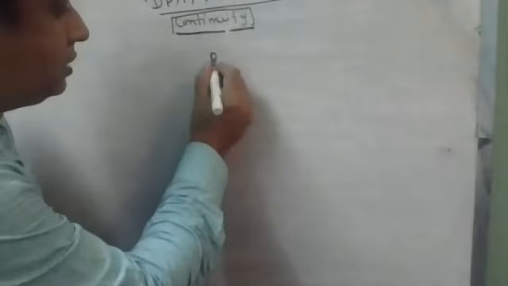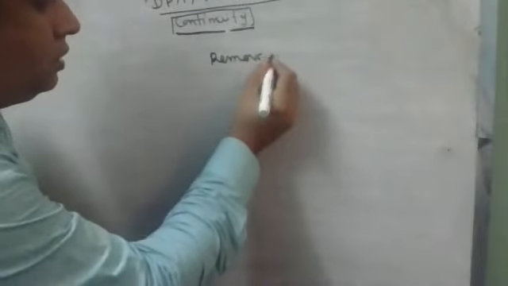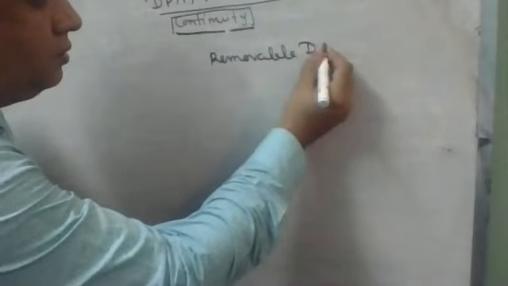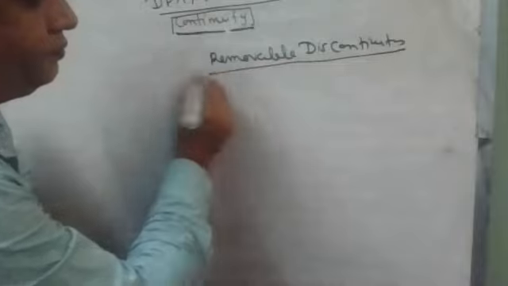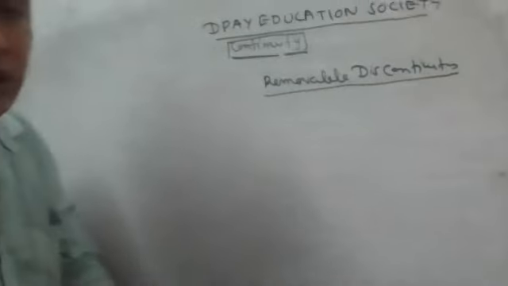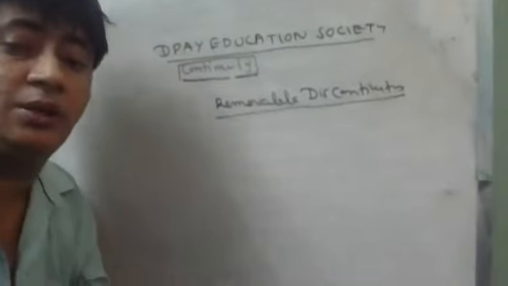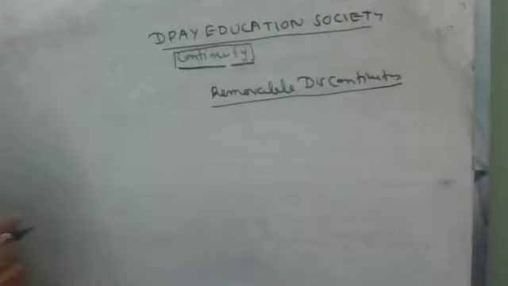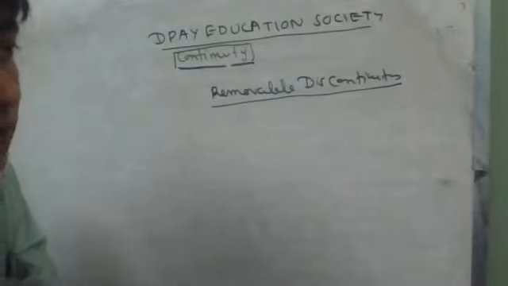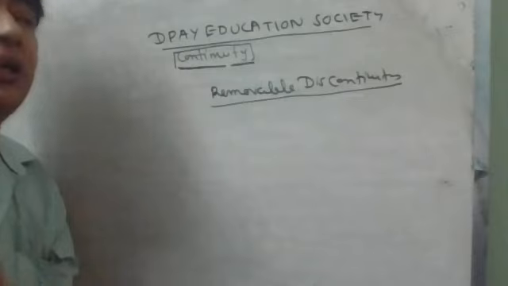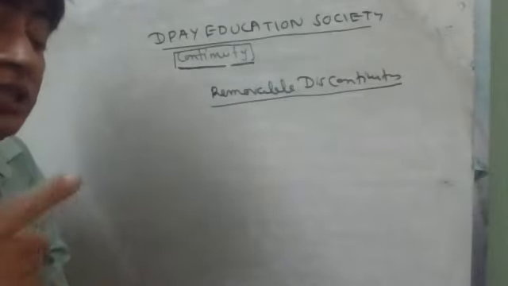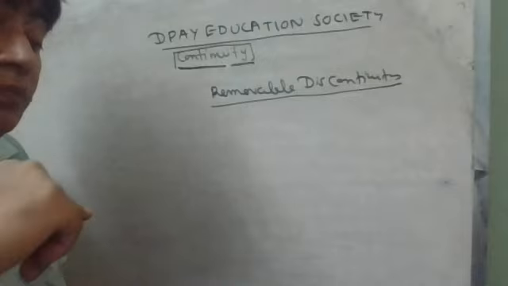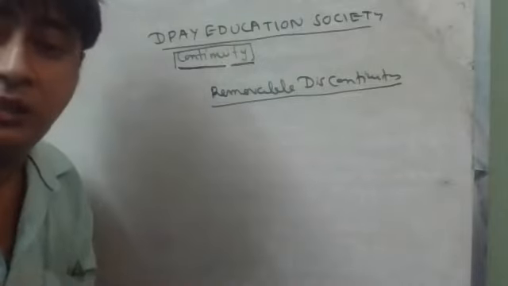Now my topic is removable discontinuity. What is called removable discontinuity? Suppose a limit exists, but it is not equal to the functional value at the point at which the limit exists.